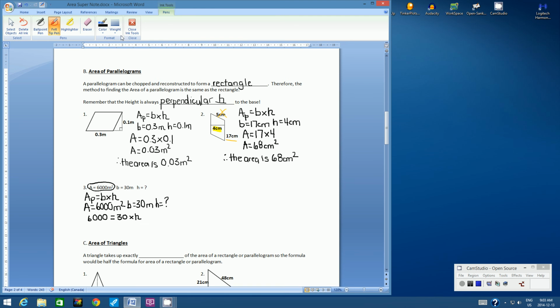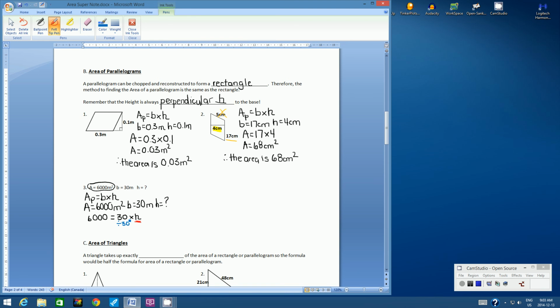Now remember, our goal is, on the right-hand side, we look for the height. We want to have the height standing alone on the right-hand side of the equation. So what's in the way of h being alone? Well, what's in the way is times by 30. So how do we get rid of times by 30? Well, we do the opposite operation. So if we want to get rid of times by 30, we have to divide by 30.